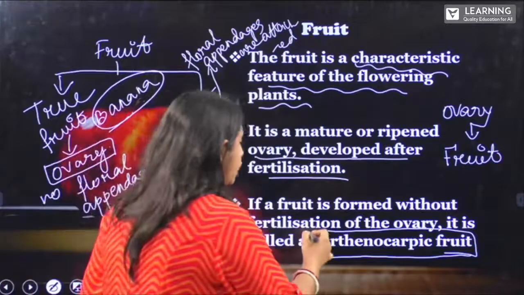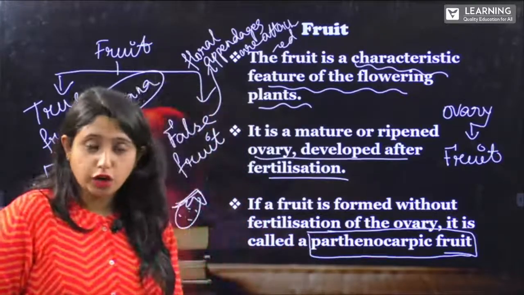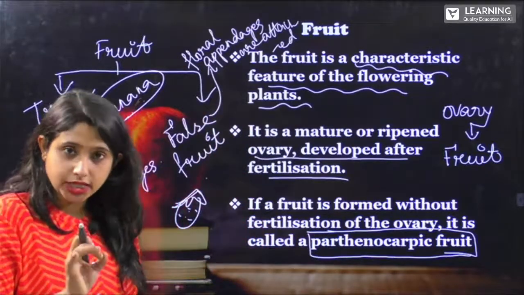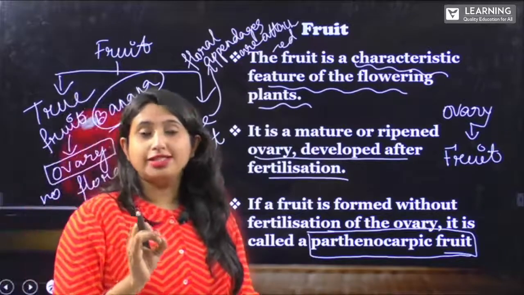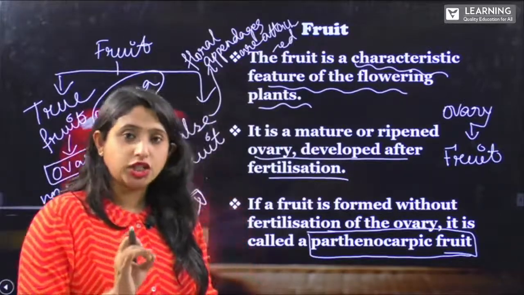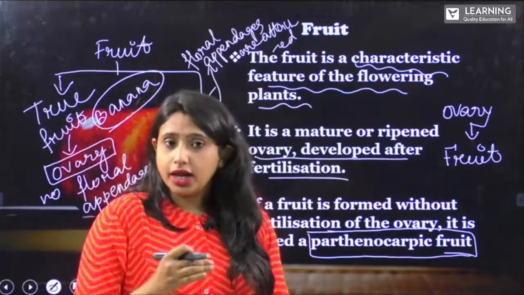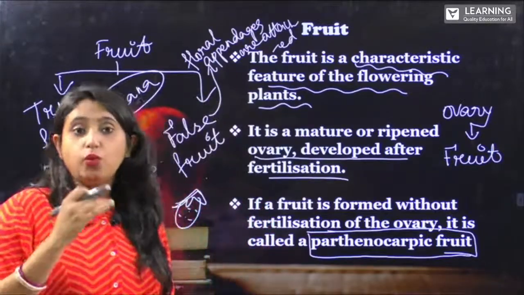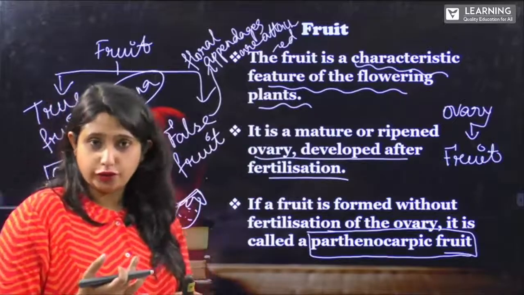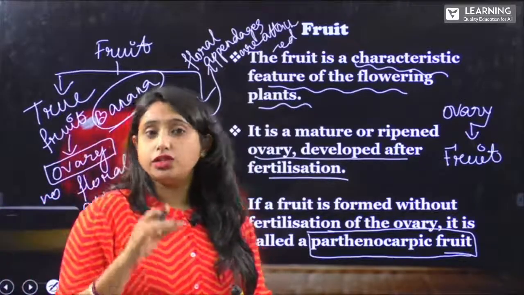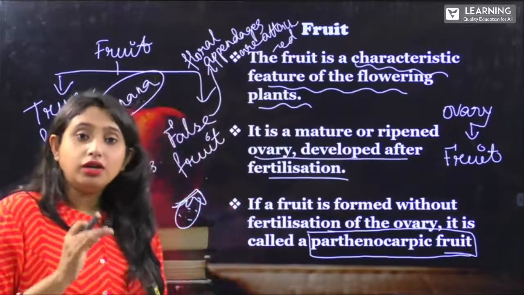So parthenocarpic fruits are the fruits which are formed without fertilization. They are formed by this vegetative propagation. You have seen that some of the fruits like your papaya, banana, they are seedless. Even the watermelon or the orange we will find nowadays. So these fruits are known as your parthenocarpic fruits.